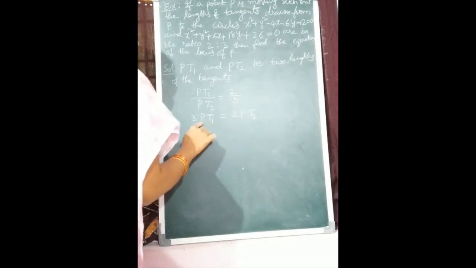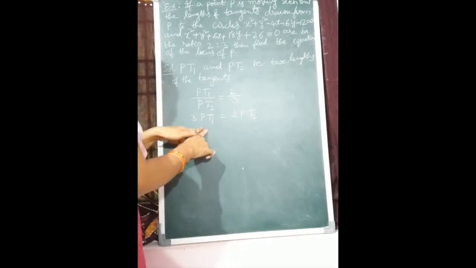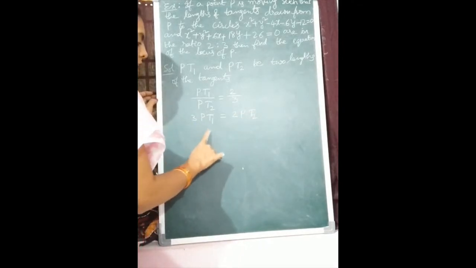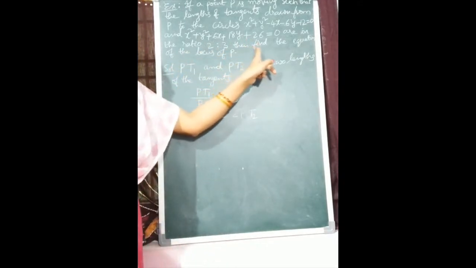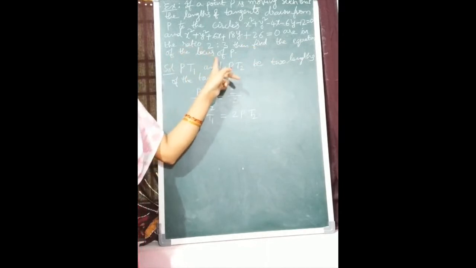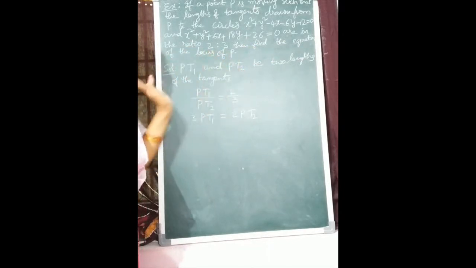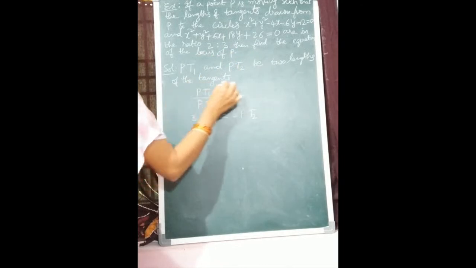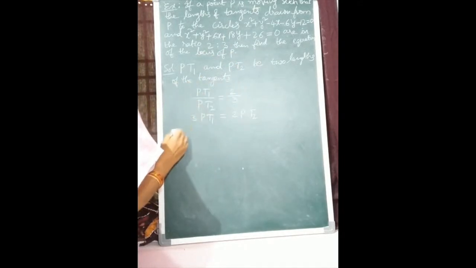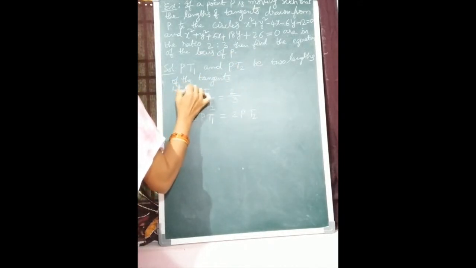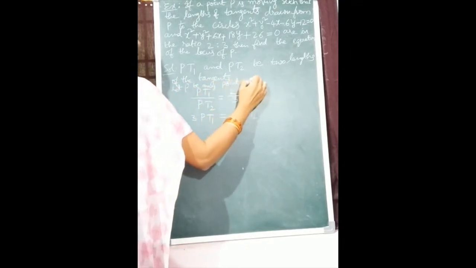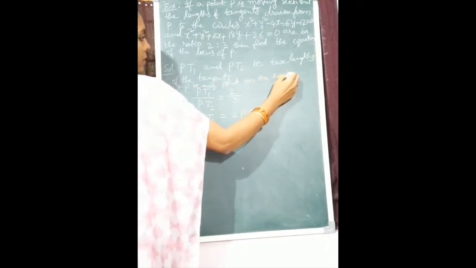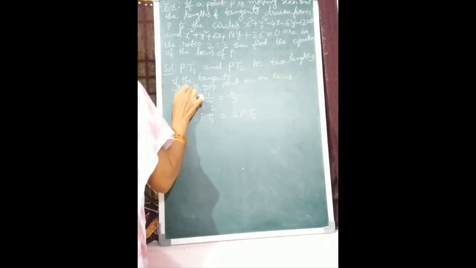So PT1, the length of one tangent, is root S11. Finally we have to find the equation of the locus of P. So we have to find the locus of P. Let P be any point on the locus. P means (x1, y1).